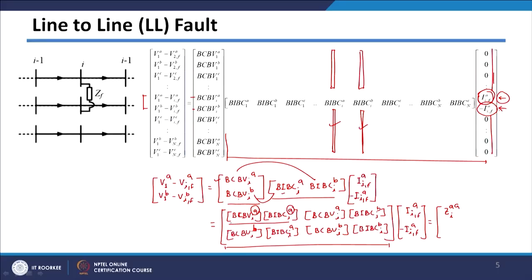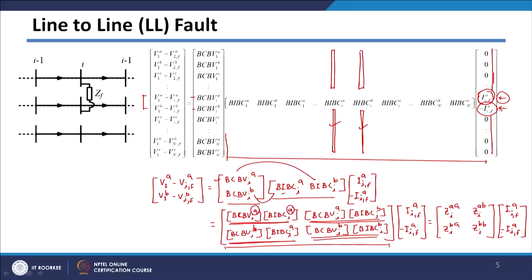So this impedance part I am calling ZIAA, these two terms I am calling ZIAB, this part I am calling ZIBA, and this fourth part is ZIBB, and it is getting multiplied with these fault currents of A and B phase, but they are in opposite directions. That is why only one current I have written with a minus sign.